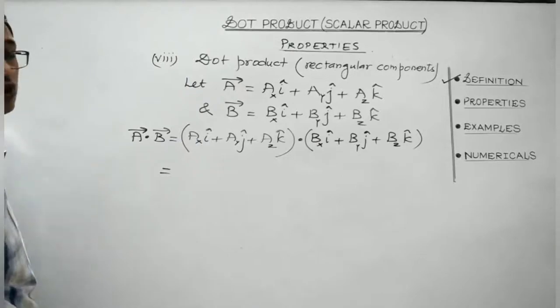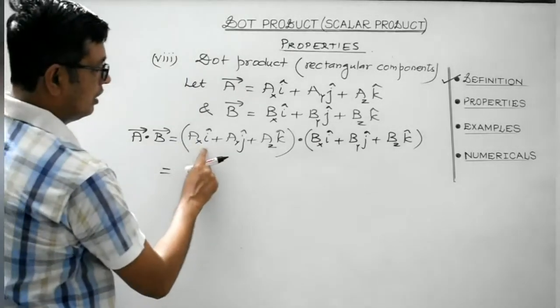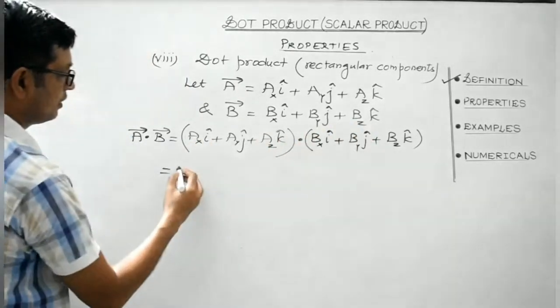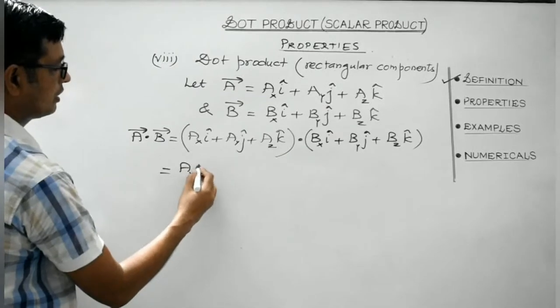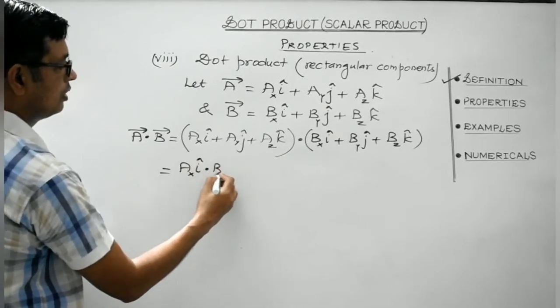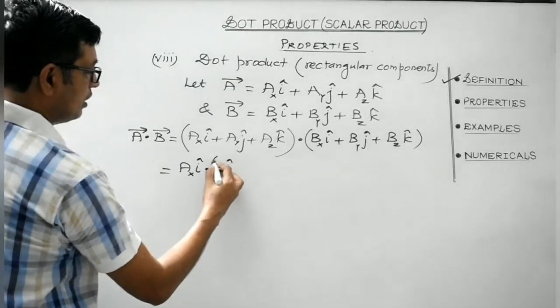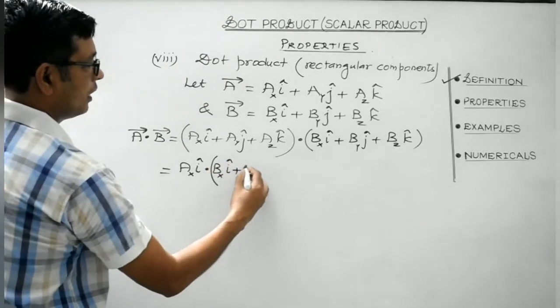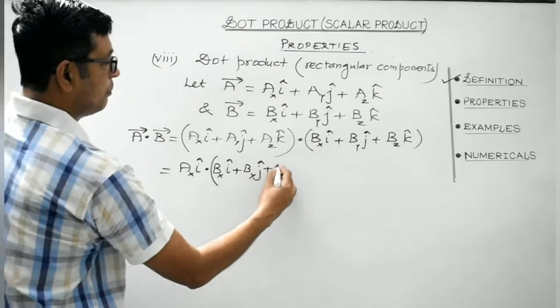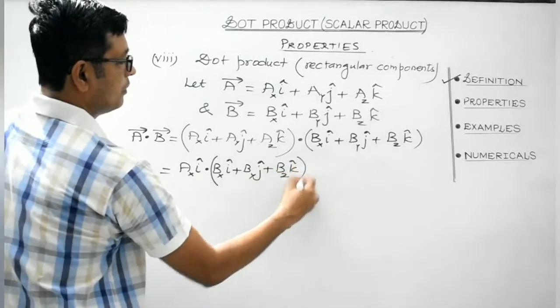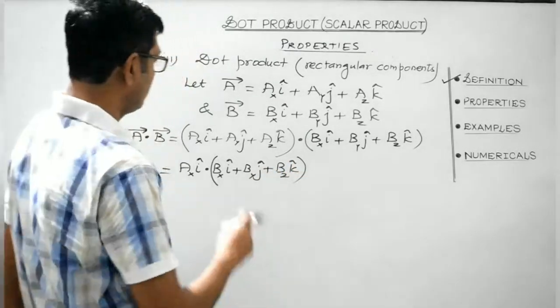Now let's try to solve it. So let's open the bracket. So what do we get? ax I cap dot bx I cap plus by j cap plus bz k cap. Let's simplify it.